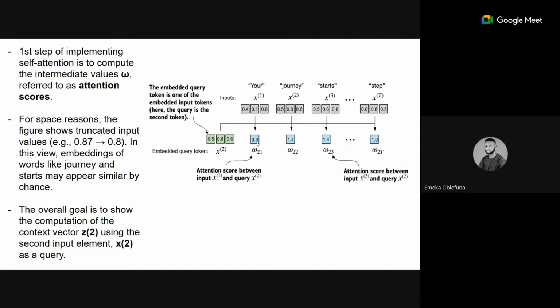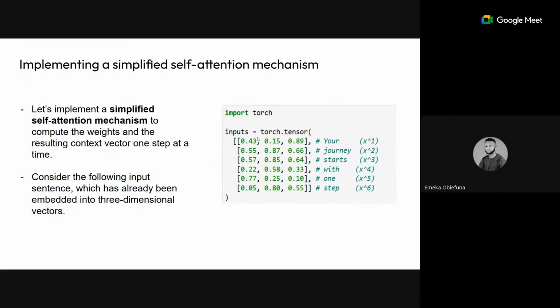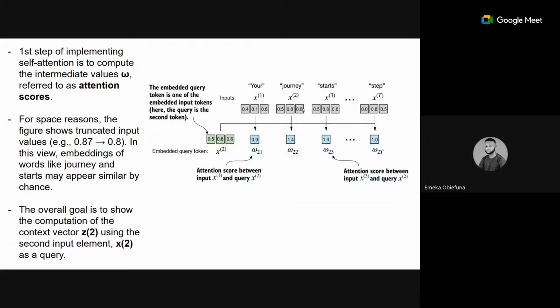So in order for us to keep things very structured and simple so that everyone will follow what exactly is happening, I try to make each value that we have here to just be in 1 decimal place. So this 0.4, 0.1, 0.8 you are seeing here corresponds to what you are seeing here. So for the second token, you have 0.5, 0.8, and 0.7, 0.6, sorry, which is what you are seeing here.